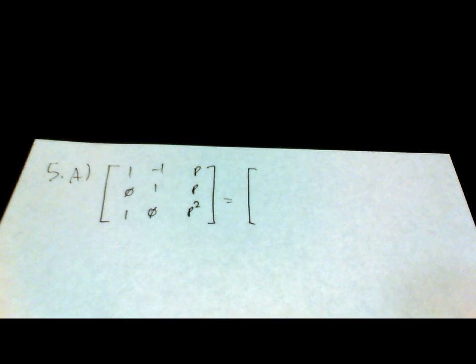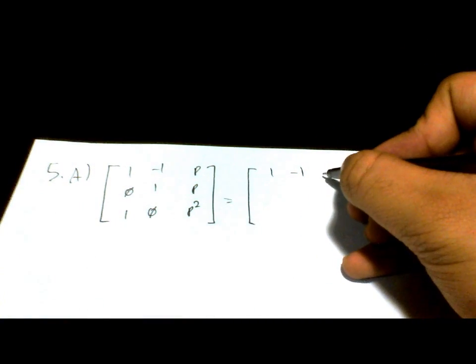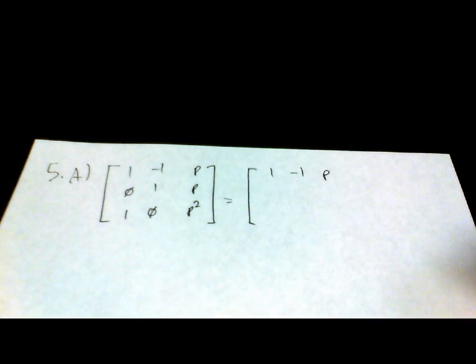So we end up with, not going to do anything to this row here. I'm just going to switch the bottom two rows.